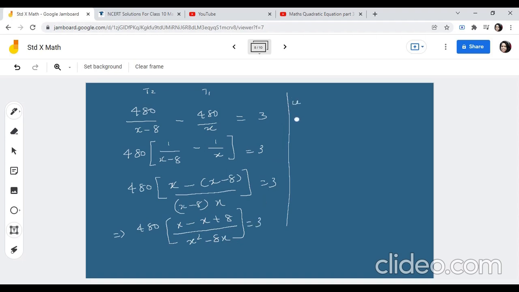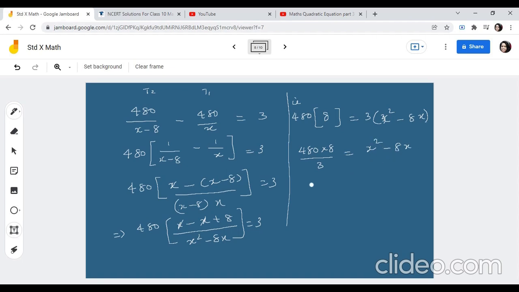That is 480 into, x minus x gets cancelled, this is 8, is equal to 3 into x square minus 8x. Or even you can take 3 to this side. So this is 480 into 8 divided by 3 is equal to x square minus 8x.